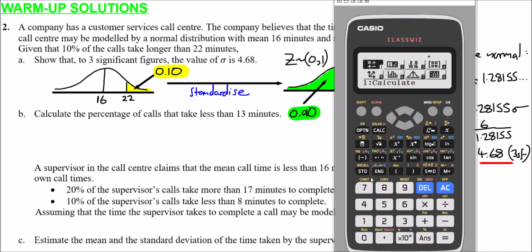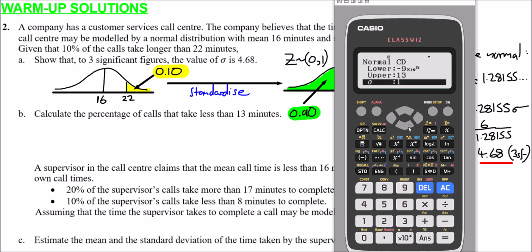So if I go menu 7 and go to the normal CD, and the percentage of calls which are less than 13 minutes, the upper bound is 13, the lower bound is anything less than 13. So I'm going to make the lower massively small. I'm going to go for minus 999,999.